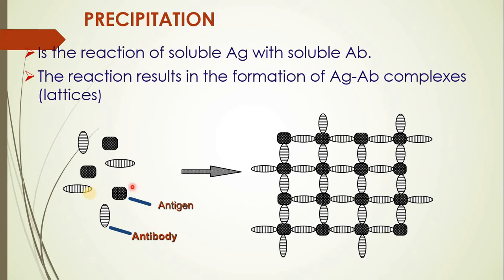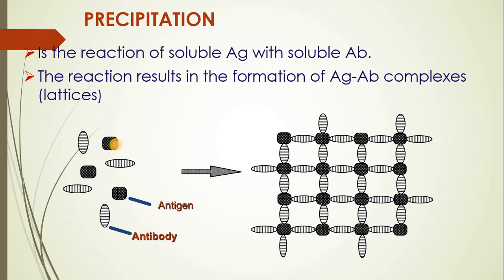So here it is represented diagrammatically. All the square check boxes are showing the antigens, whereas these are the antibodies. So both antigens as well as antibodies are in soluble conditions. When these soluble antigens and antibodies show similarity between their epitope and paratope, they get associated with one another.